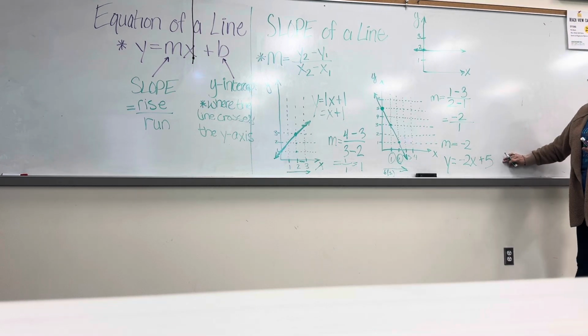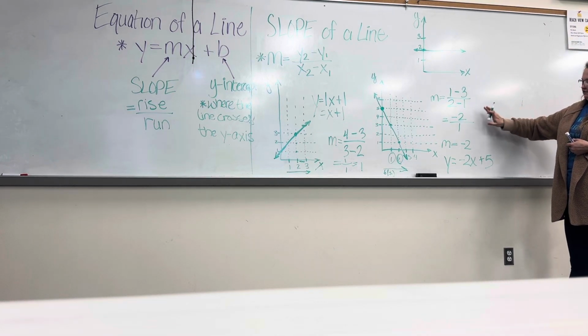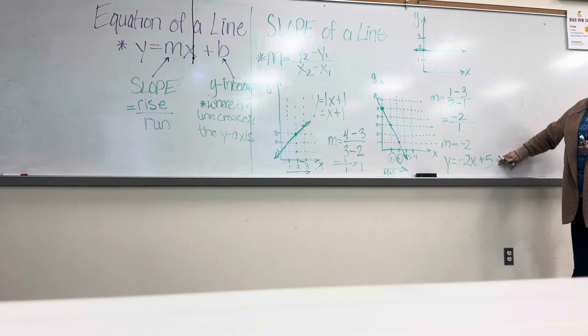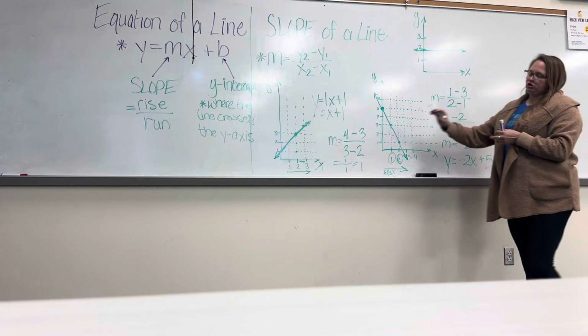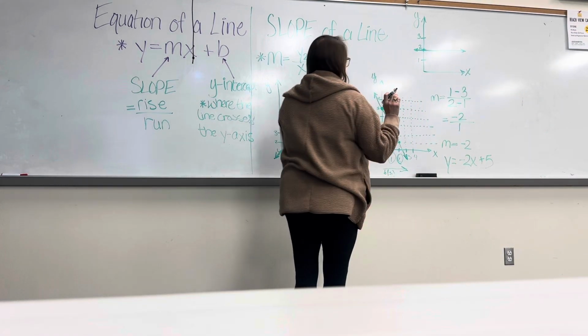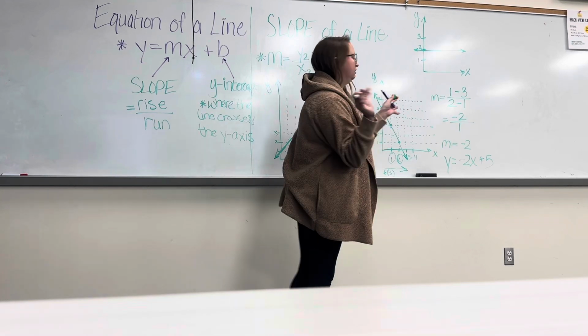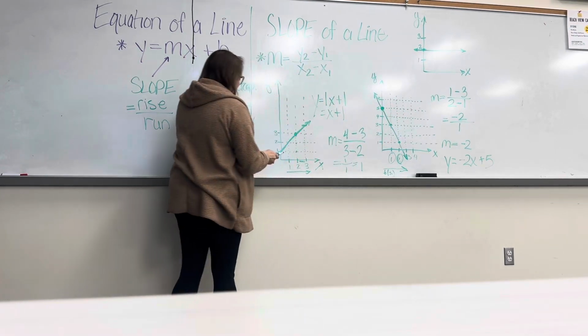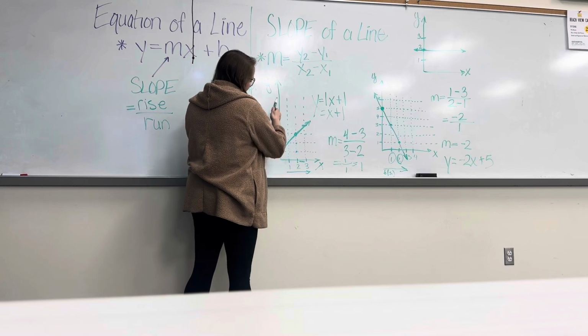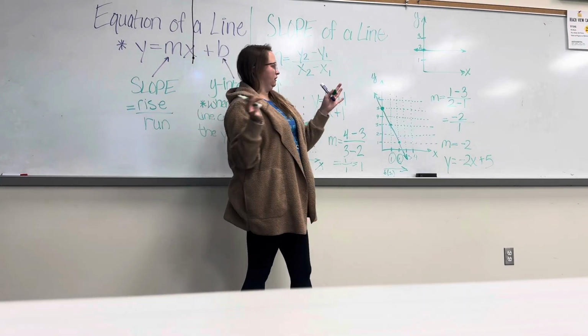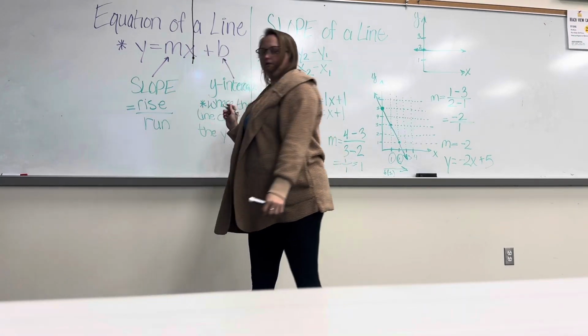Okay? So there we've covered how to find slope, how to find your equation of a line. Generally speaking, not generally, this is always speaking, if you're in the first quadrant, I guess we should cover this too.